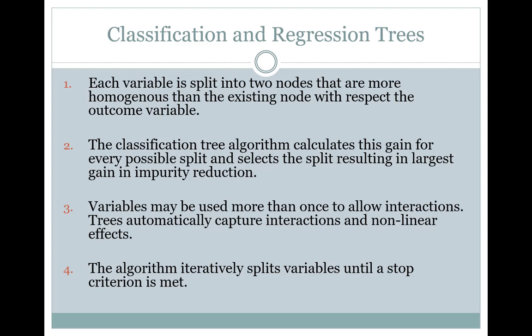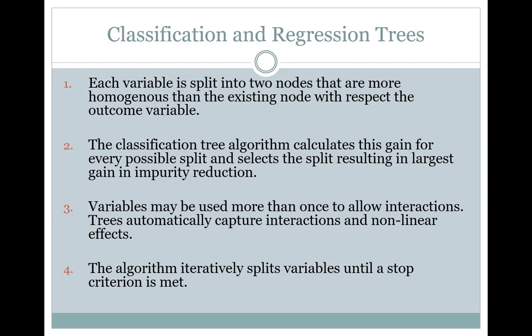So if you were using these to estimate propensity scores, you would be using a classification tree, and the idea here is recursive partitioning. You take each covariate and you split into 2 nodes that are more homogeneous with respect to receiving the treatment. Now, before deciding on which node to split, you would evaluate all nodes and select the split that minimizes impurity.